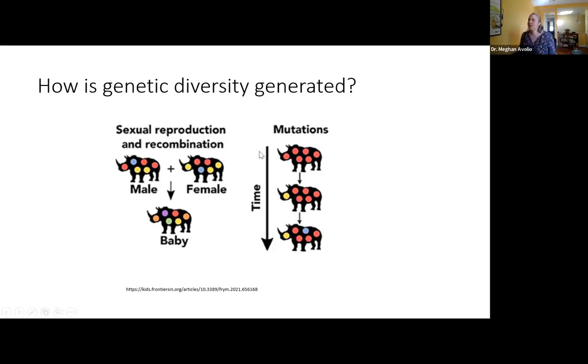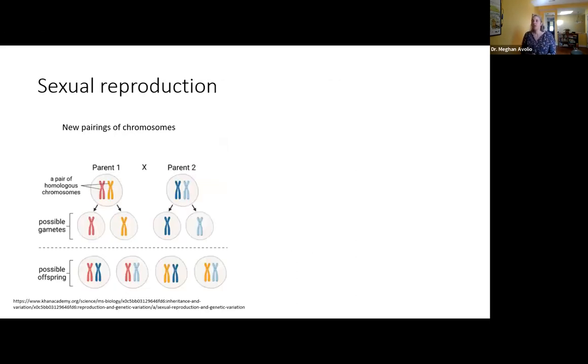And so here we have, again, our same little rhinoceros, where through time, maybe this red allele suddenly has a new mutation and it's a yellow allele, and maybe this red allele now mutates and it's a blue allele. I'm going to talk a little bit more now about these 2 ways genetic diversity is generated. Through sexual reproduction, I'm not going to go into the backgrounds of meiosis and mitosis, but basically we all have new combinations of chromosomes from our parents in us.